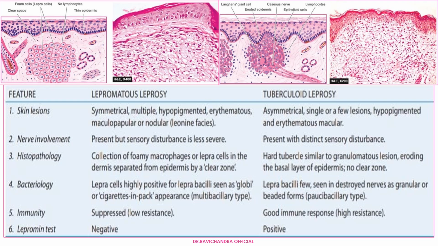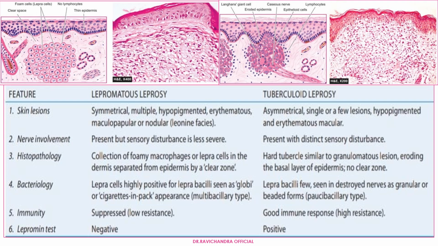Bacteriology, lepra cells are highly positive for lepra bacilli, seen as globi or cigarettes in pack appearance, multibacillary type. Lepra bacilli are few and seen in destroyed nerves as granular or beaded forms, called paucibacillary type in tuberculoid leprosy.